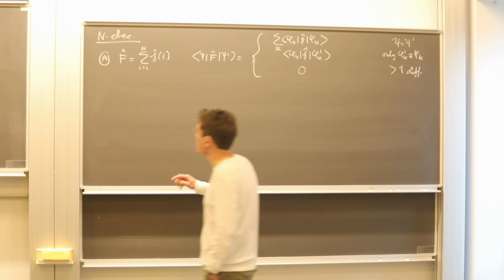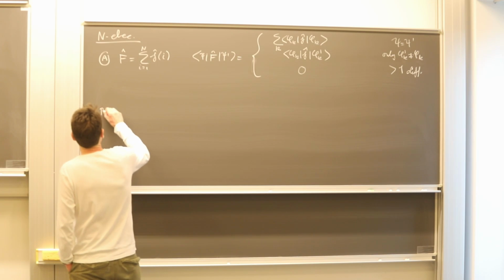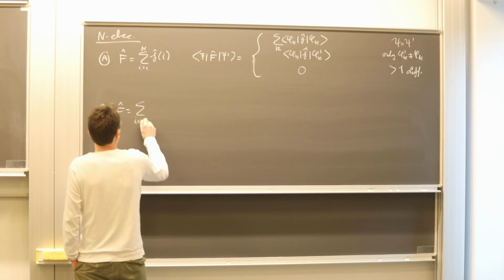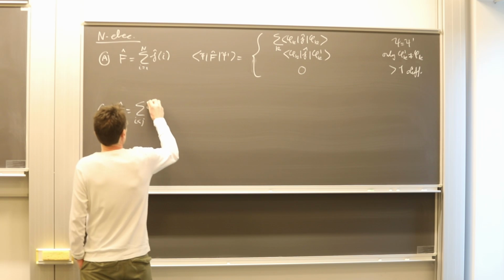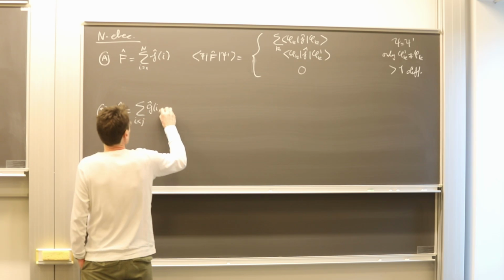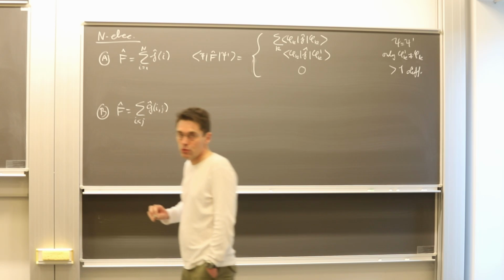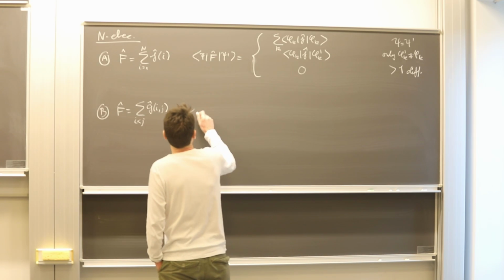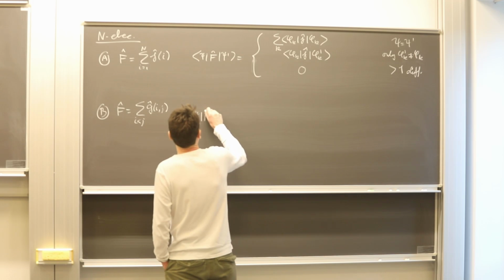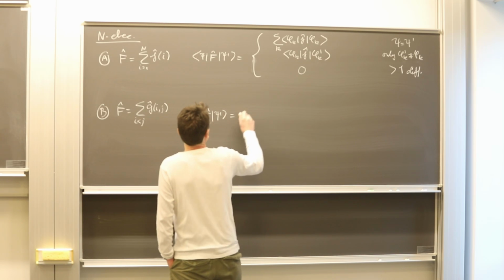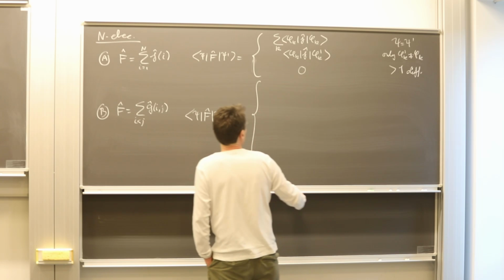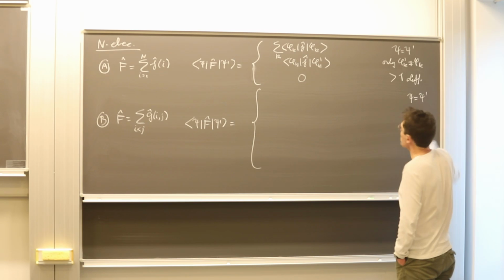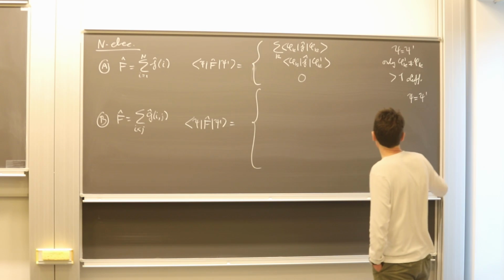Then we have the B case, the two-body case. So now my F is a sum over all pairs here, G, which now depends on two coordinates. And now, in fact, I have 4 possible cases. First, again, is that the two are identical.